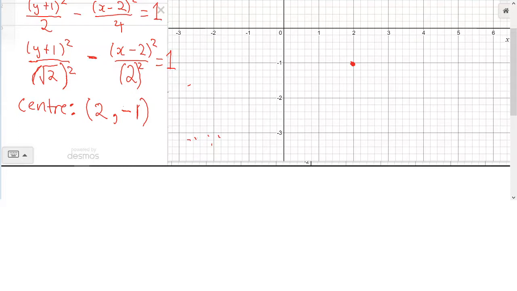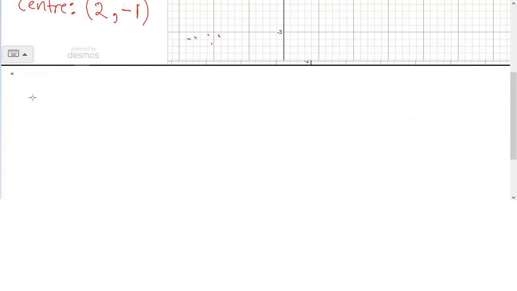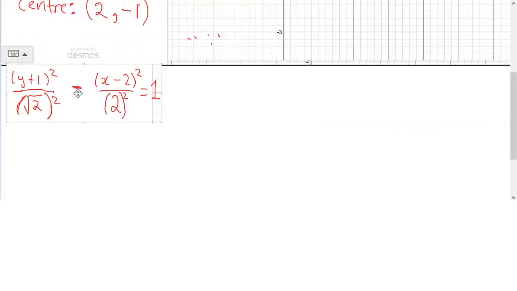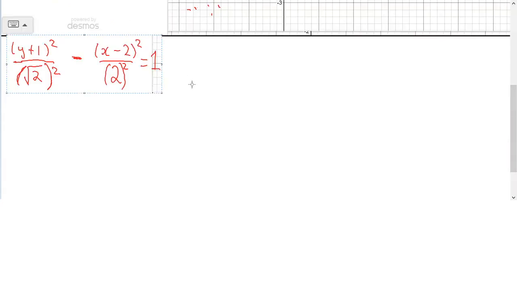So I might just grab this, take it down to my extra workspace down below, and get into it. In terms of finding the asymptotes, there is an equation to do that, which some of you might remember. I personally don't like memorizing things, so I don't remember it. What I do remember is the little trick where all I can do is grab the first bit of the equation.